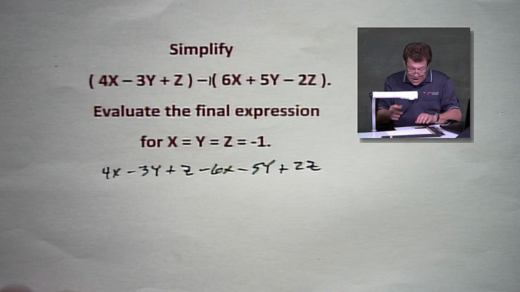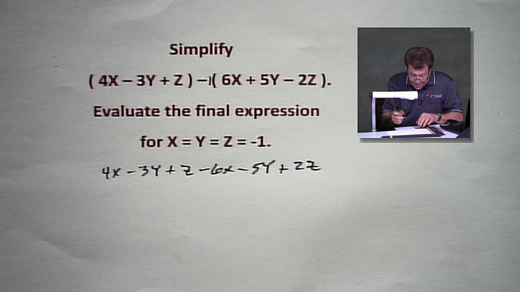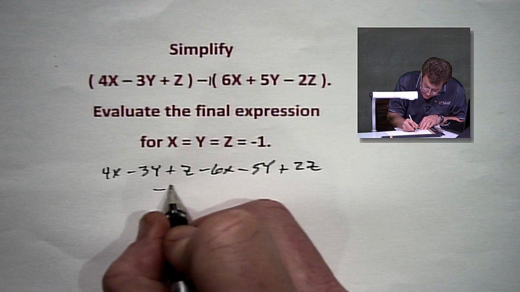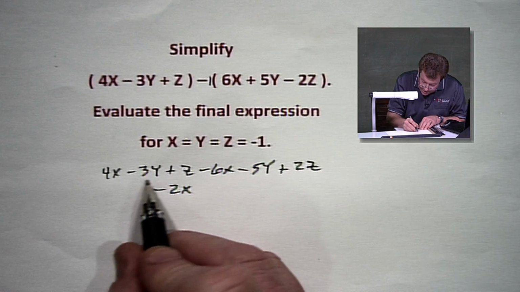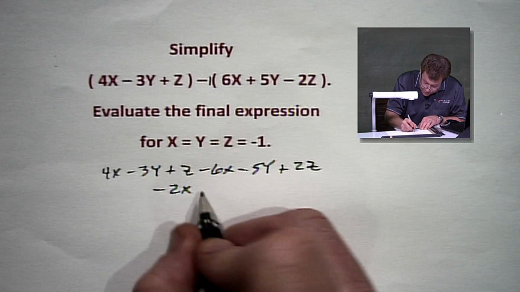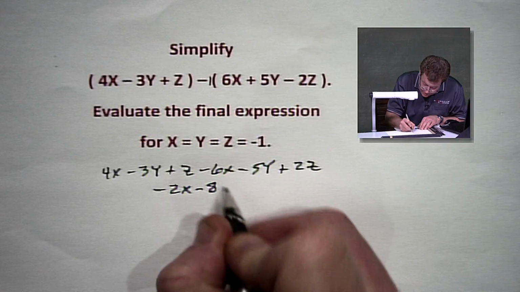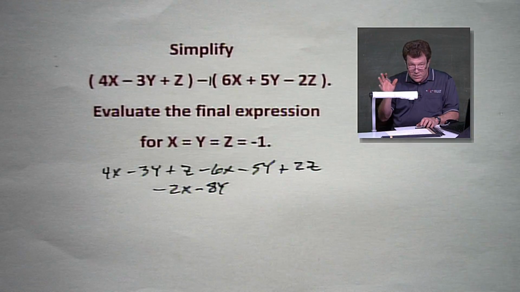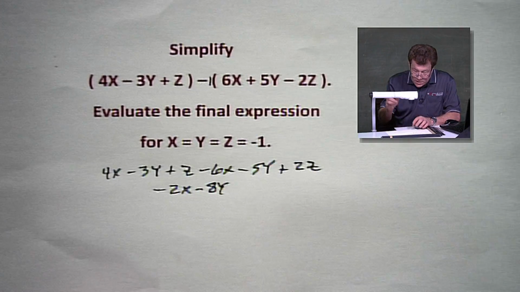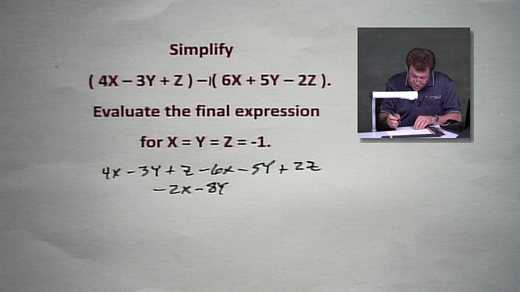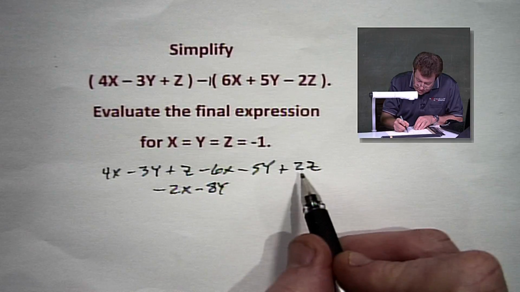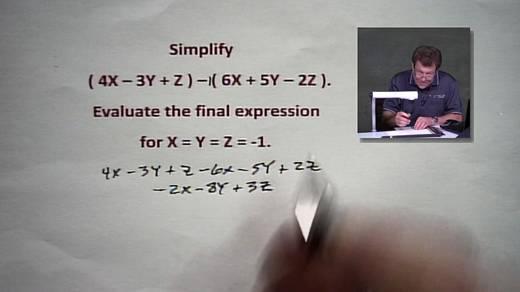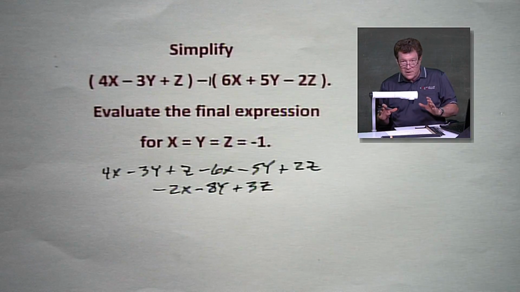All right, now we just combine our like terms. 4x minus 6x would be -2x, -3y minus 5y, -8y. And if you didn't quite follow that step, don't worry. We can talk about that later if you're not used to working with your integers. And then we have positive z plus 2z, so that's plus 3z. Now, that's our simplified expression.